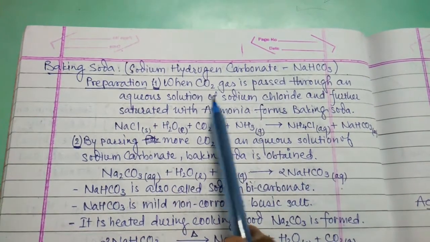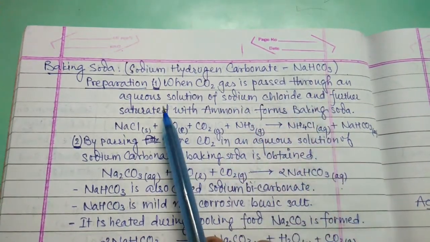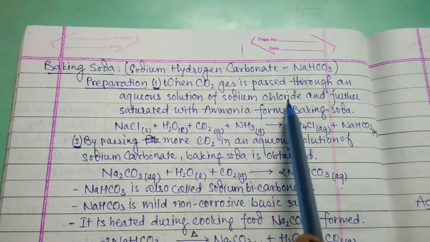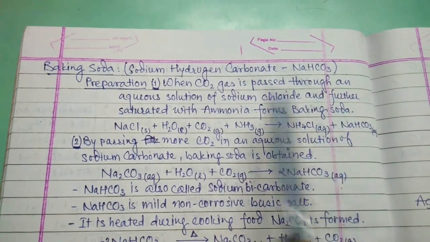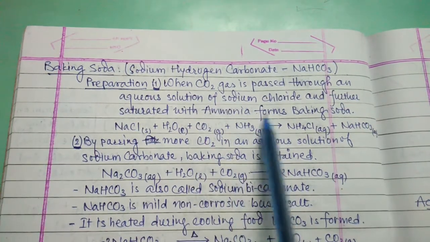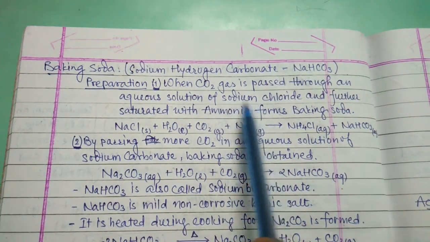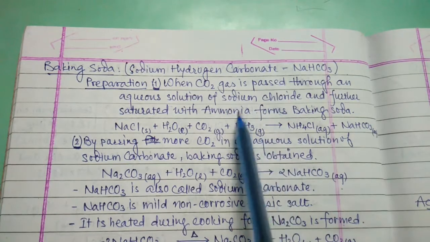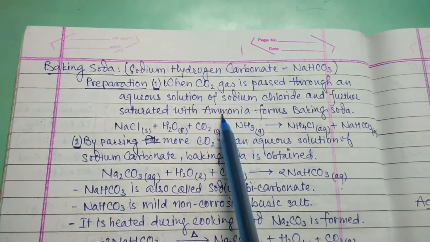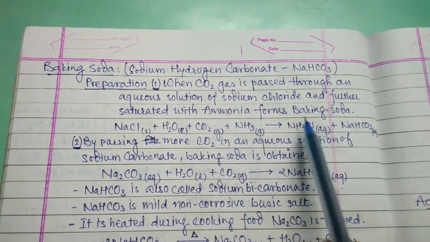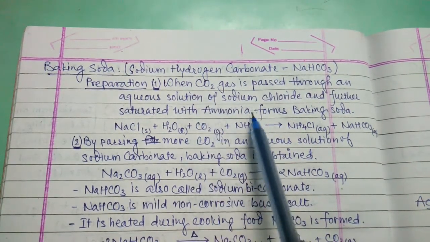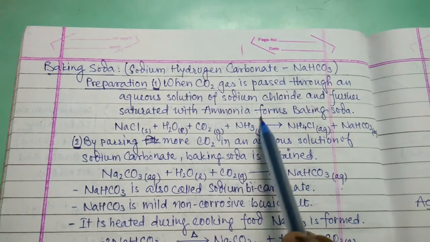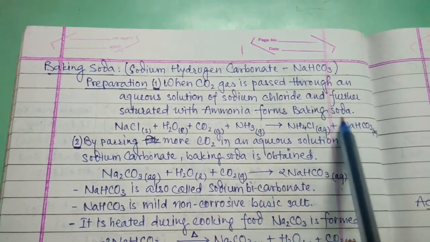Preparation: when carbon dioxide gas is passed through an aqueous solution of sodium chloride, simple common salt, further saturated with ammonia, it forms baking soda.